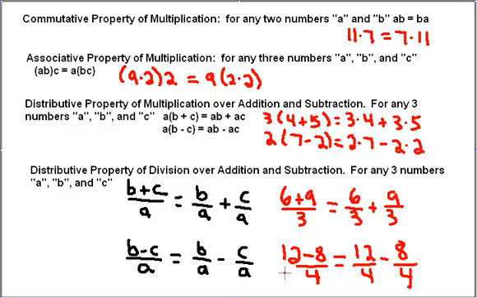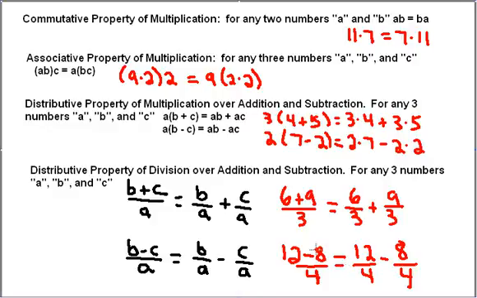And an example there, if we started off with 12 minus 8 over 4, the 12 representing the b, the minus 8 representing the minus c here over a, 12 minus 8 over 4, that's the same thing as dividing each of these parts in our numerator by 4. That would equal 12 over 4 minus the 8 over 4.